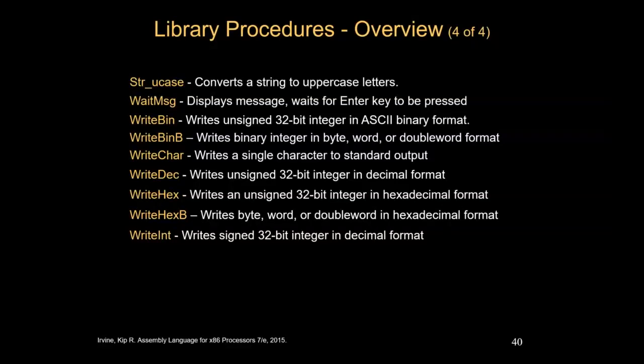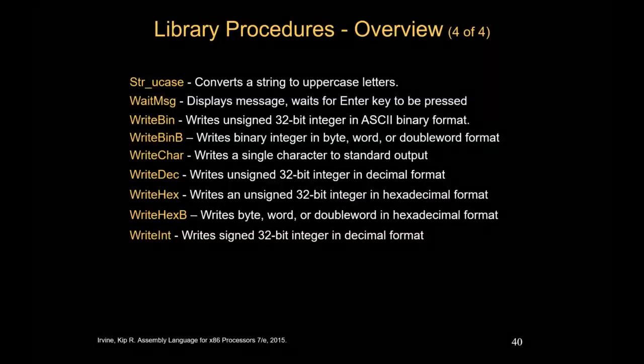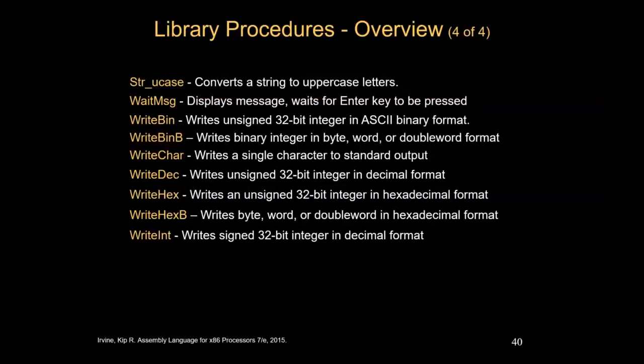So we also have the WriteBin, which writes unsigned integers in ASCII binary format. The WriteBinB writes binary integers in byte, word, or doubleword format. And then WriteChar writes a single character to standard output.